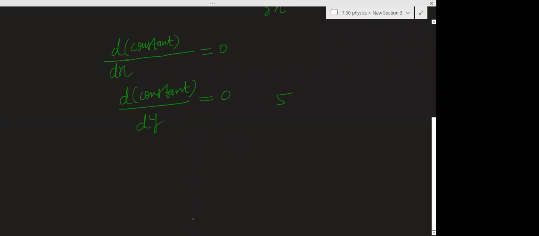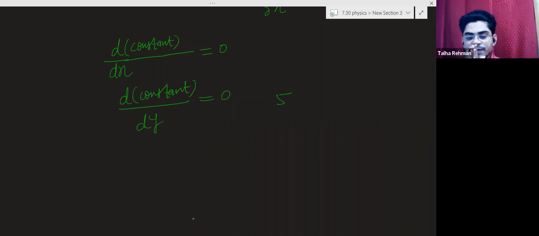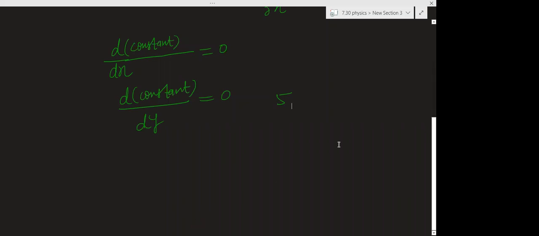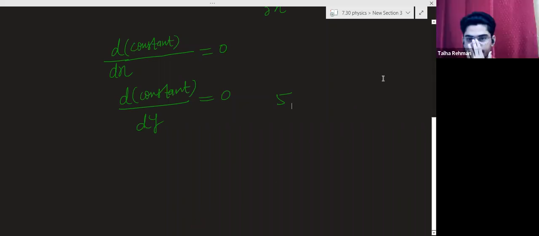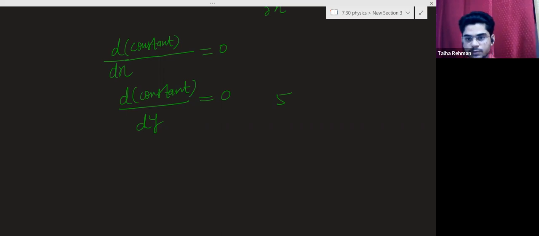Why is 5 constant? Constant means the value is not changing. So here the value of 5 is not changing.